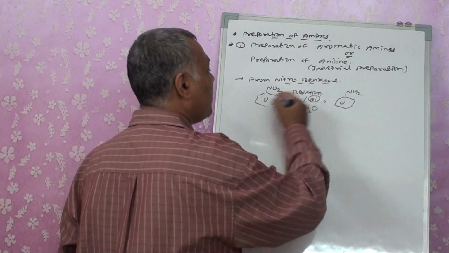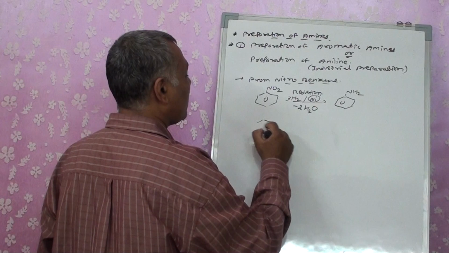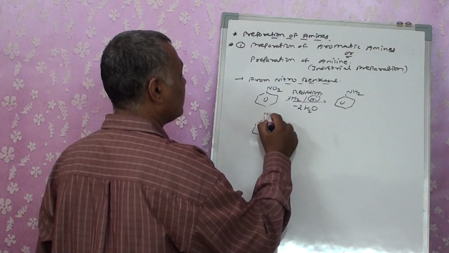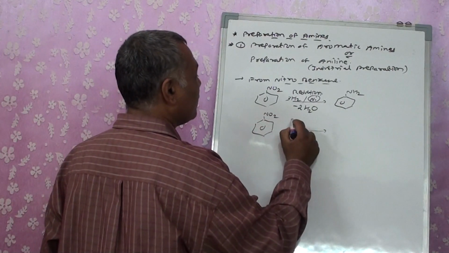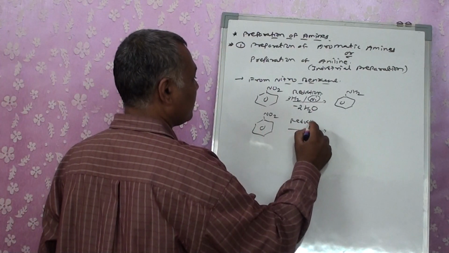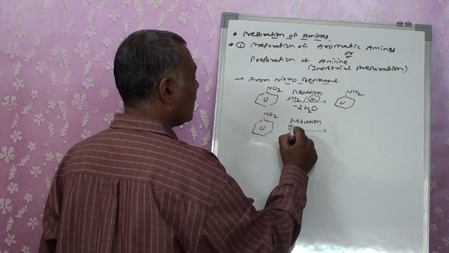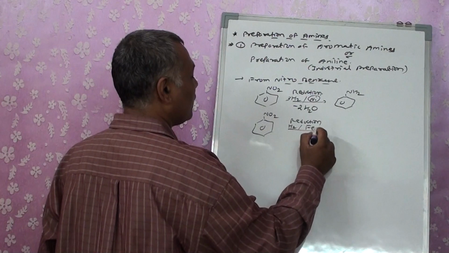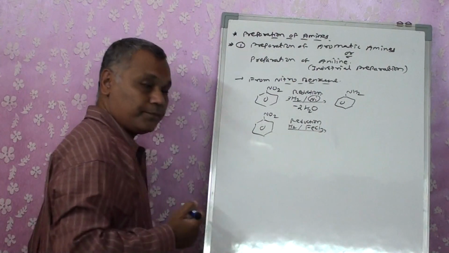In place of Ni, the same nitrobenzene can be reduced by using H2 in presence of FeCl3.